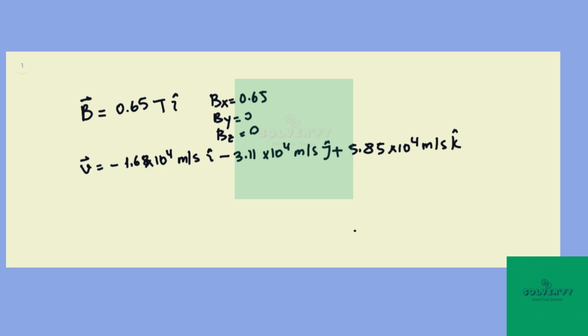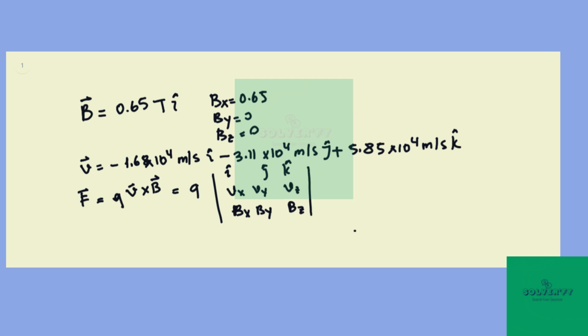Now, in order to calculate the force, as you know, the force is equal to Q times V cross B. Then it equals the determinant of i hat, j hat, k hat, Vx, Vy, Vz, Bx, By, Bz.